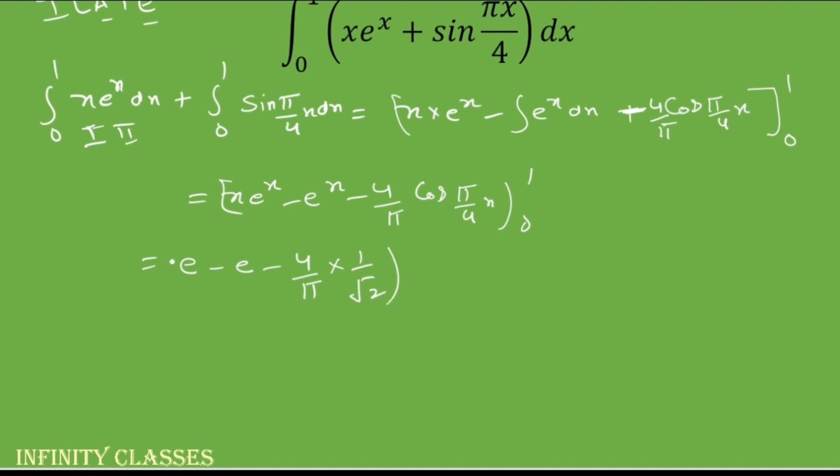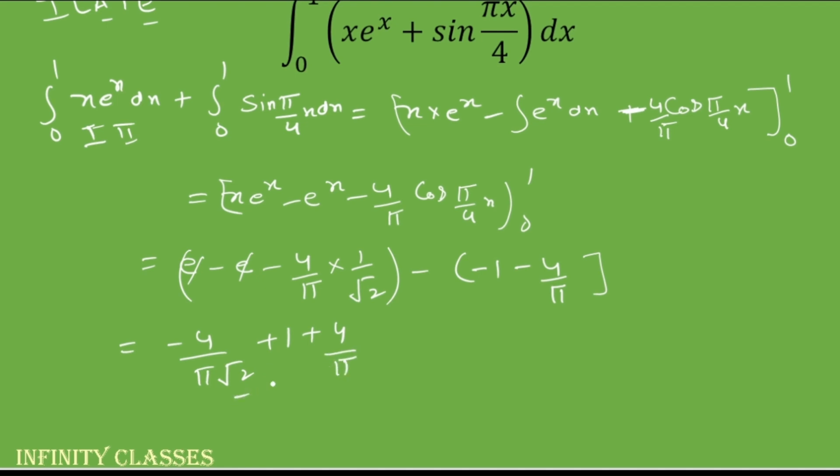This is upper limit minus lower limit. Lower limit here is 0 and here is 0, it is minus 1, and here is 0. As we know, cos 0 is 1. I will cancel this and this, so it is minus 4 upon pi root 2 plus 1 plus 4 upon pi.